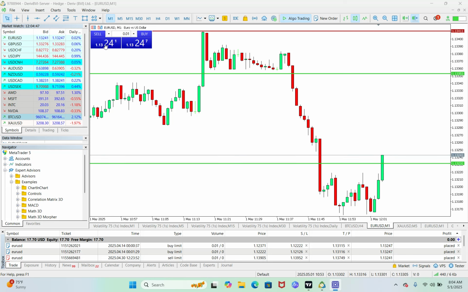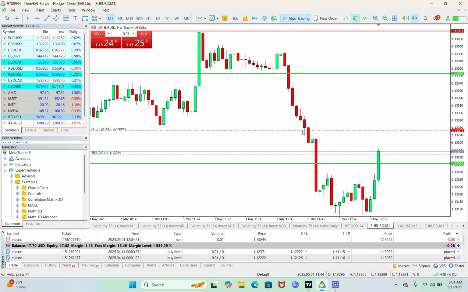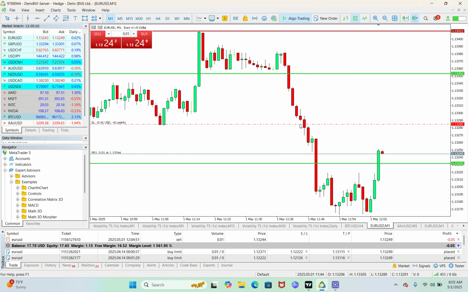Gonna click sell manually, with a stop loss right above this area. Take profit would be 3 times the risk. Let's see if this will work out for us.